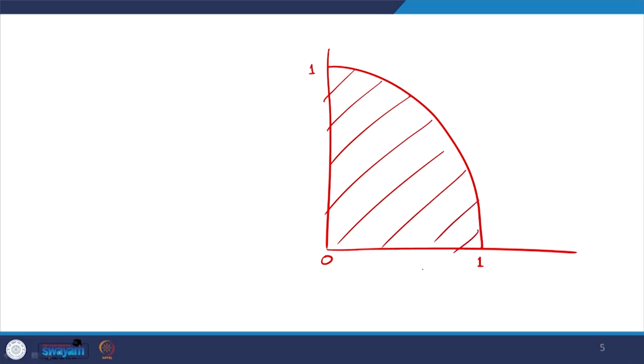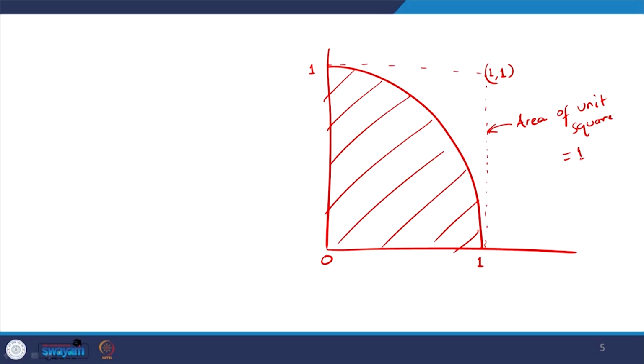What I can do is imagine a unit circle, and I can imagine a unit square, something like this, that will be the 1 point, and we know that the area of the unit square is simply base times height, that is equal to 1, right. This is the construction that I am describing.